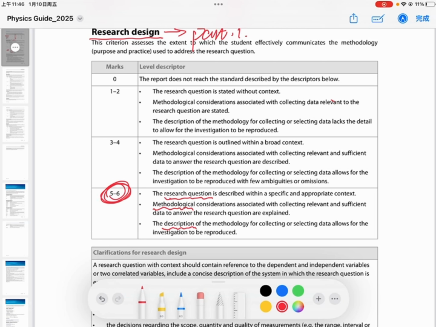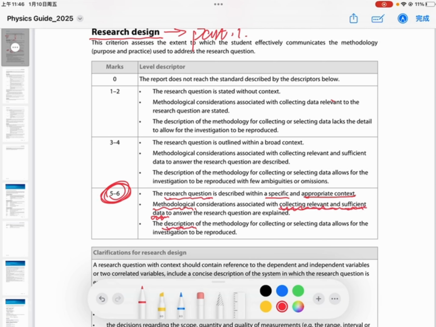Okay, so the research question should be specific and should have appropriate context. The methodology should have relevance and sufficient data to answer the question. So the methodology is appropriate, with relevant and sufficient data to support.